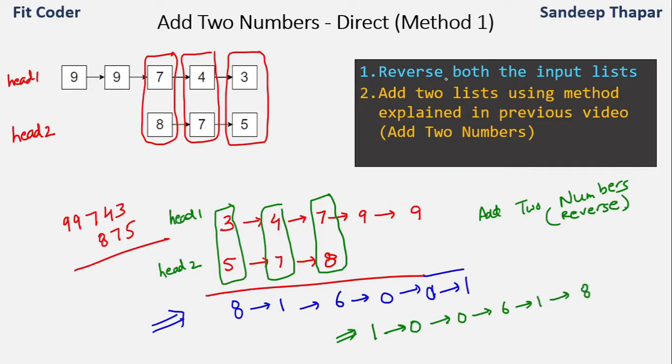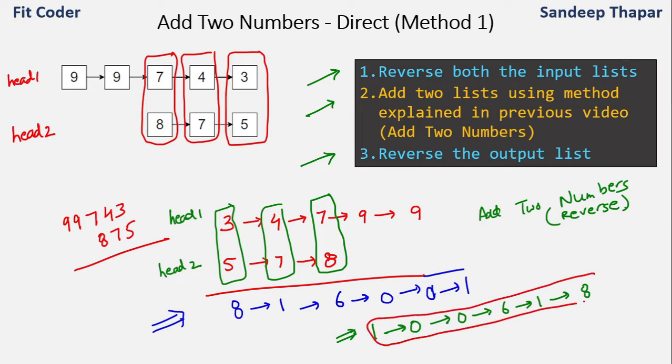So in the first step we reverse both the input lists, then it becomes the similar question where the numbers are stored in reverse order. We apply the same method which we discussed in the previous video. Once we have obtained the linked list, we reverse the output list. So this is the final output that we obtain by adding these two numbers.